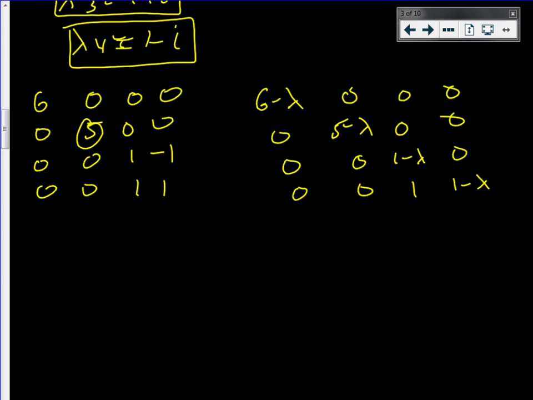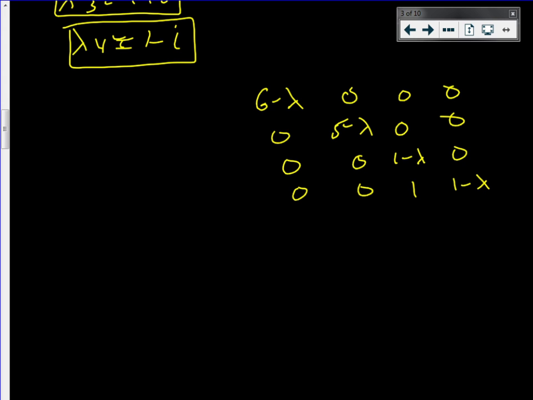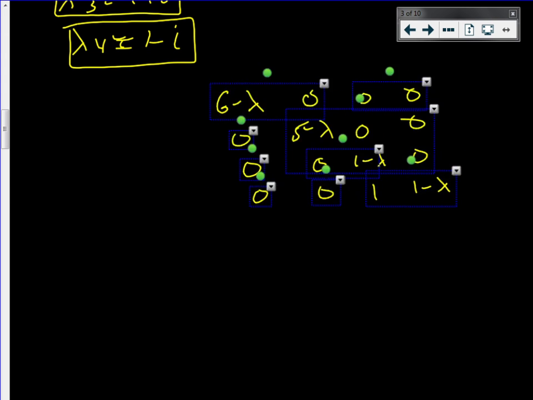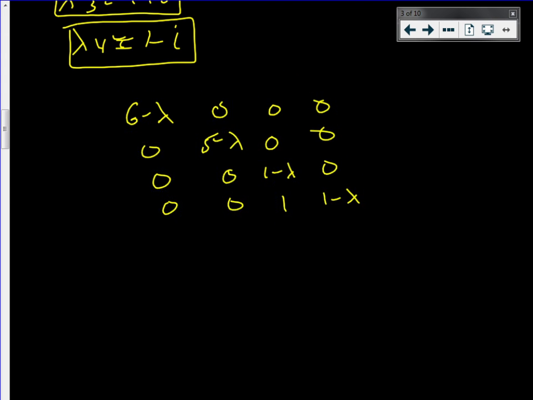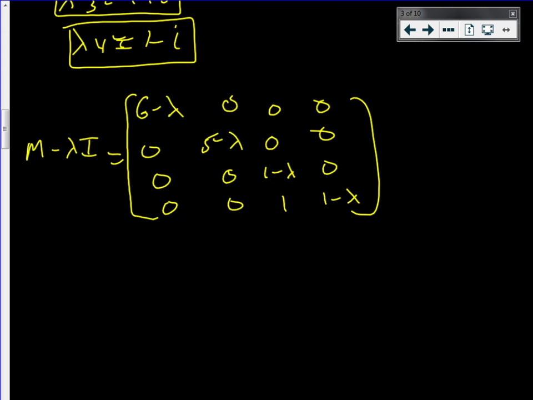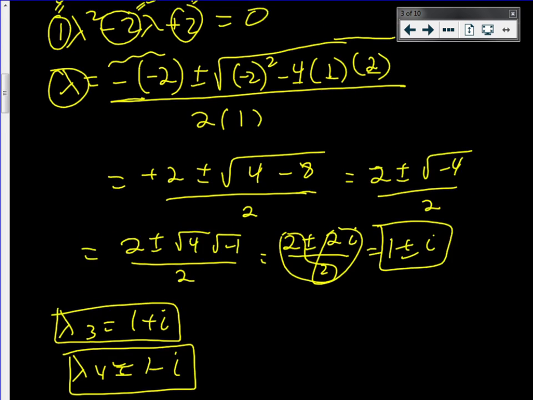Doesn't want to do that, huh? Okay. Now, let us try to move this over. So, in fact, this matrix, this is M minus lambda I.